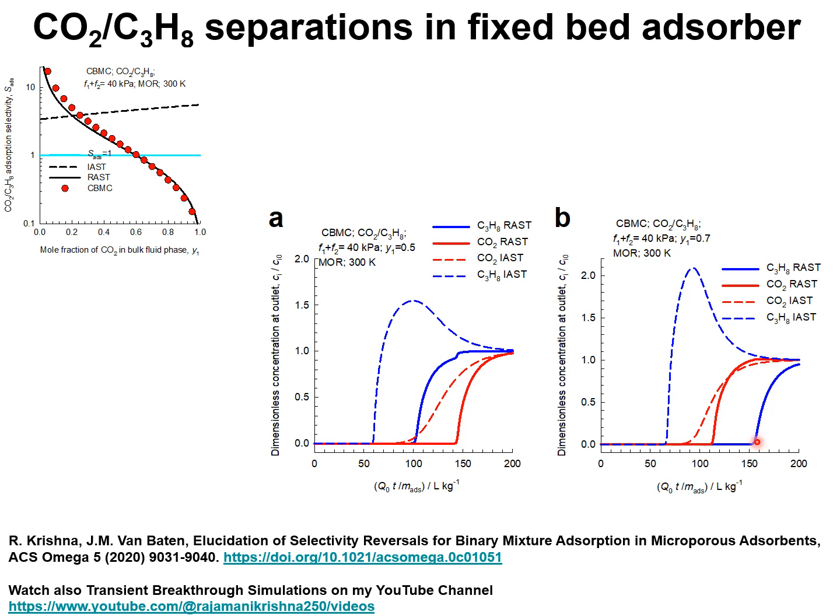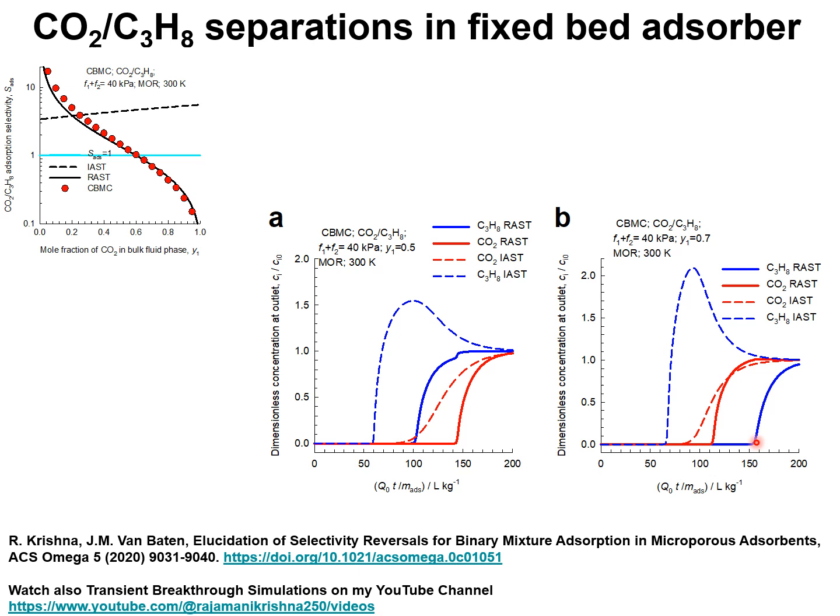On the other hand, the IAST anticipates that the first component to break through is propane, and CO2 is the component that is less strongly adsorbed. So this is the consequence of thermodynamic non-idealities on separation in a fixed bed adsorber.